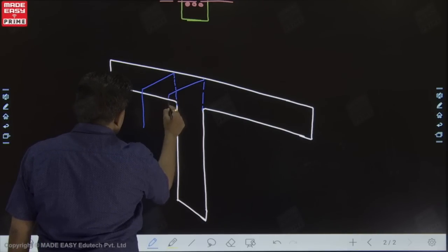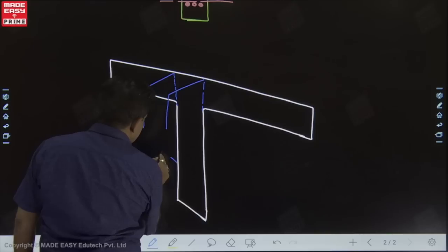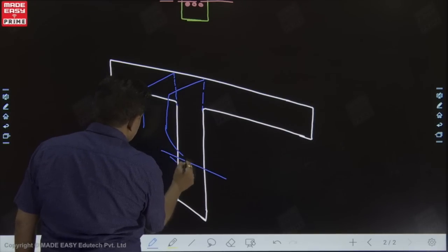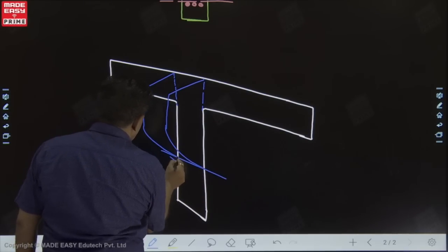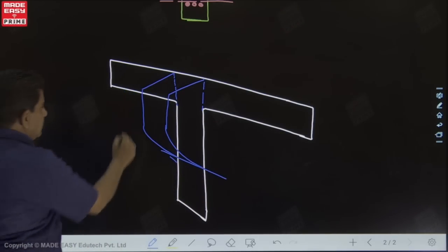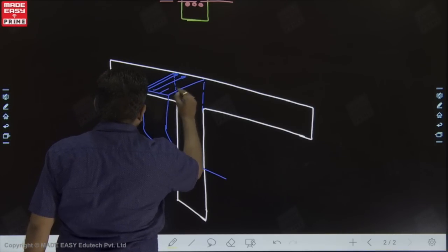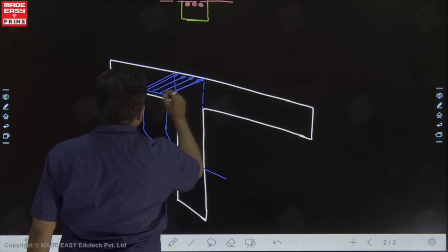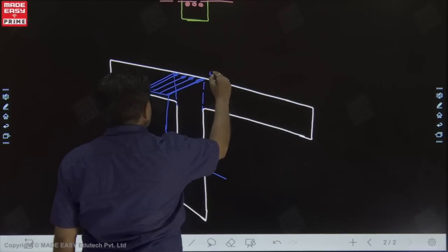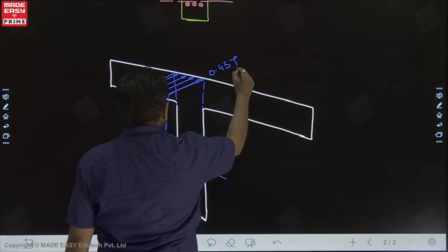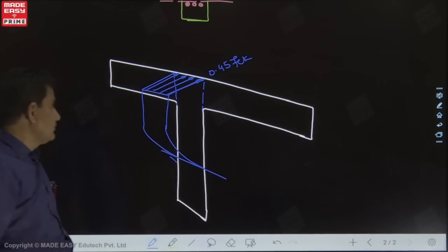In the limit state method, it will be constant up to some area. Suppose here is the neutral axis, then it will become parabolic up to this. This value of stress is constant over here. The value is 0.45 fck, which we consider for design purposes.